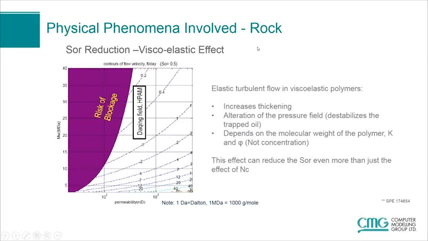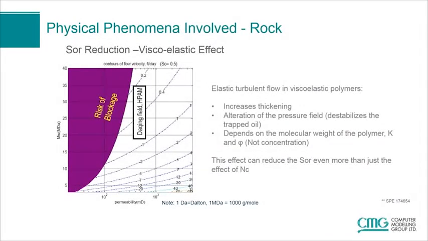Now, another phenomenon involved is the viscoelastic effect. So not all polymers will exhibit this. The viscoelastic type polymers will increase the thickening, and when that occurs, it'll alter the pressure field, which will destabilize the trapped oil.